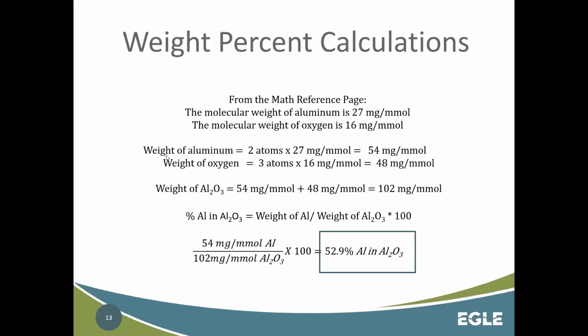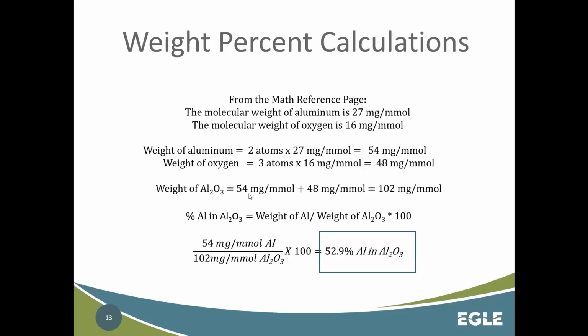So to figure out what the weight of aluminum is, we have Al2O3, so 2 aluminums, 2 times 27 is 54, O3, 3 oxygens times 16 milligrams per millimole is 48 milligrams per millimole.